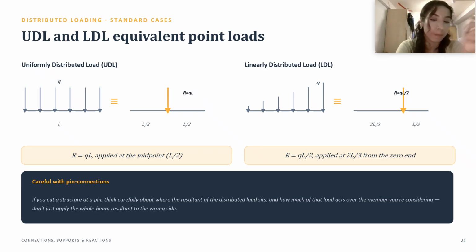Again, we will use dimensional analysis. Whenever you forget this equation, the resultant force will be Q, the number you get in newtons per meter, times the length over which it is distributed on the body, and then you divide that by 2 because it's a triangular shape.